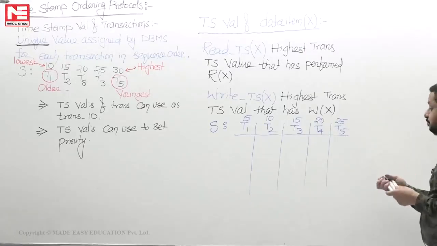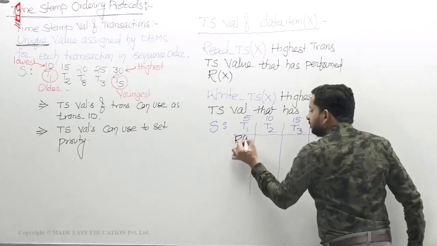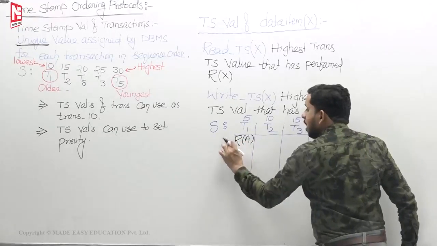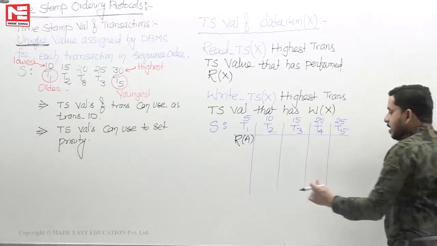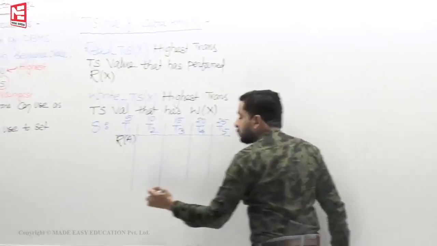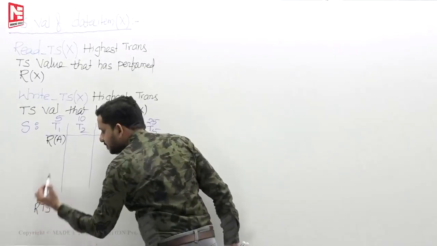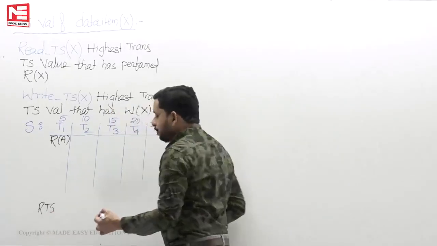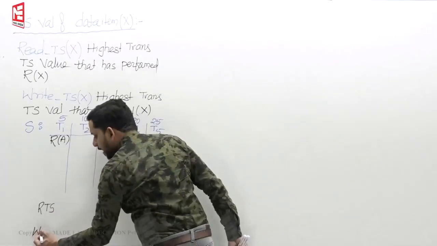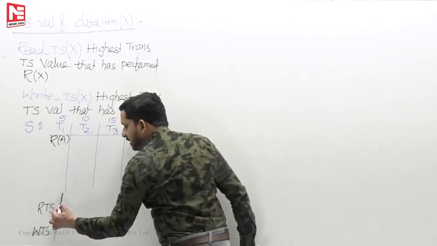For example, transaction T1 requested read of A, and the read of A by transaction T1 is successful. Then I have written RTS, which means read timestamp value, as well as write timestamp value, of the data item.